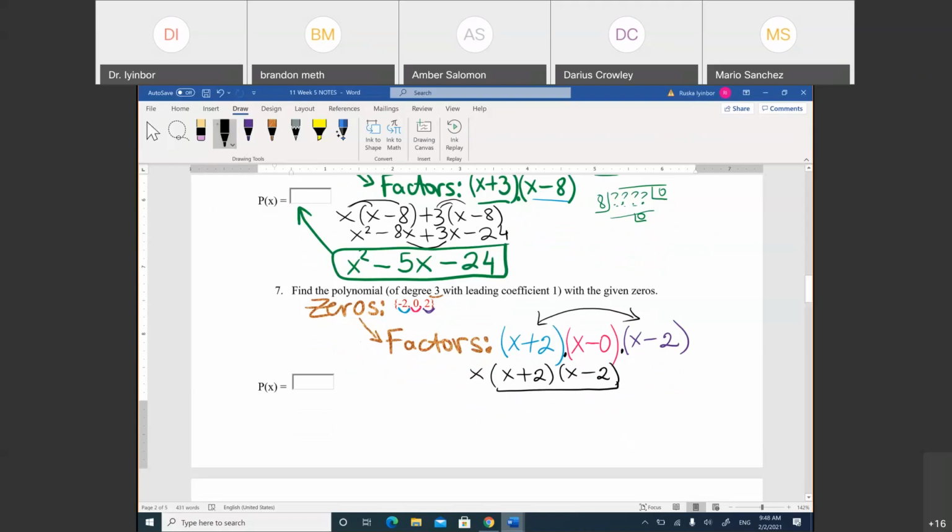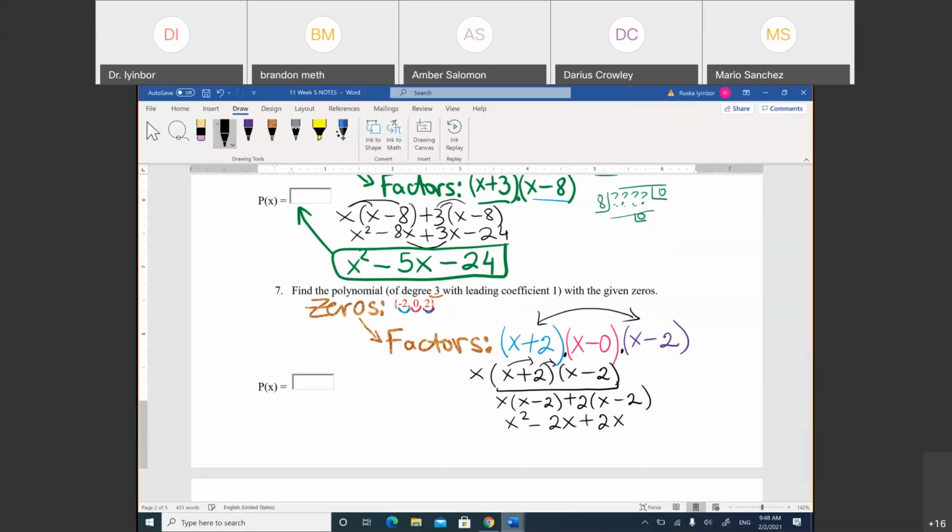So I'm multiplying x times everything: x times x minus 2. And then 2 times everything: plus 2 times x minus 2. And then you're going to distribute again. So x times x is x squared. X times negative 2 is negative 2x. 2 times x is plus 2x.